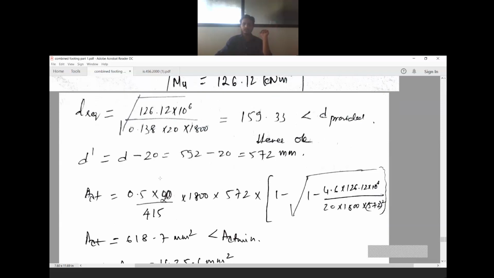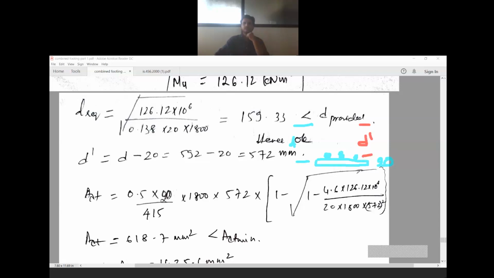Again, the same thing will happen here. Under column B, the longitudinal reinforcement which was provided was 20 mm, if you remember. So above the 20 mm we have to provide the transverse reinforcement. The effective depth is D, but according to this diagram, for the transverse reinforcement the effective depth is D dash.